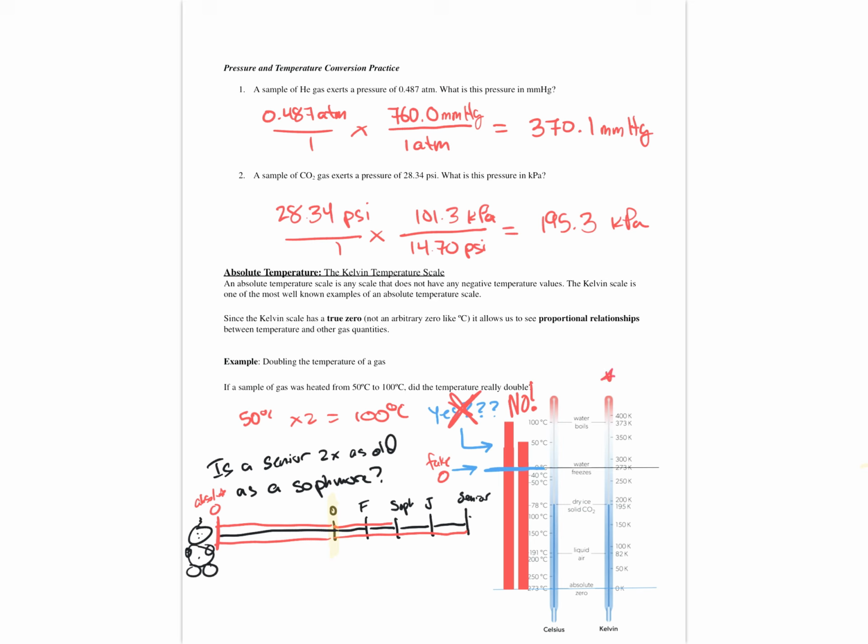But in an absolute scale like Kelvin, 200 Kelvin is exactly half of 400 Kelvin. So all this is to say is that if we're going to look at proportional relationships with temperature, we need a temperature scale that is an absolute scale. So we can only use Kelvin.